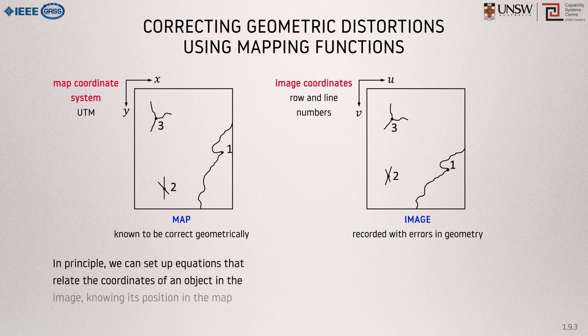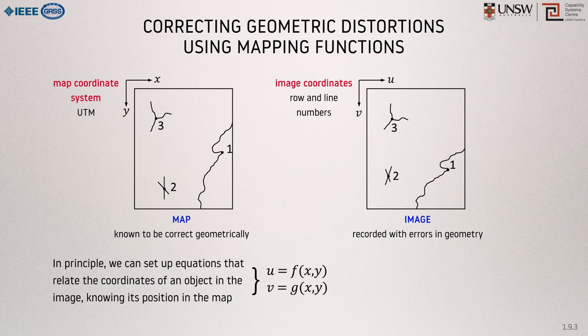In principle, it should be possible to set up equations that relate the coordinates of a point in the image, knowing its position in the map. This is shown here by the pair of functions in which both of the image coordinates are shown as functions of both map coordinates.